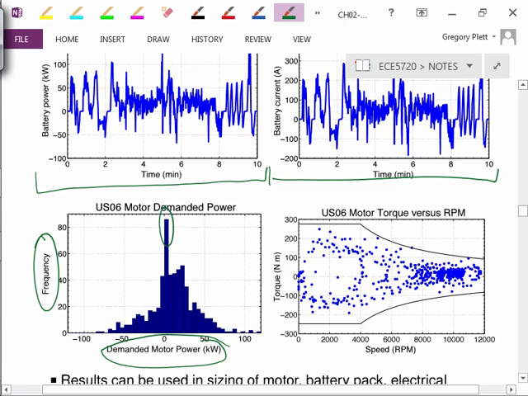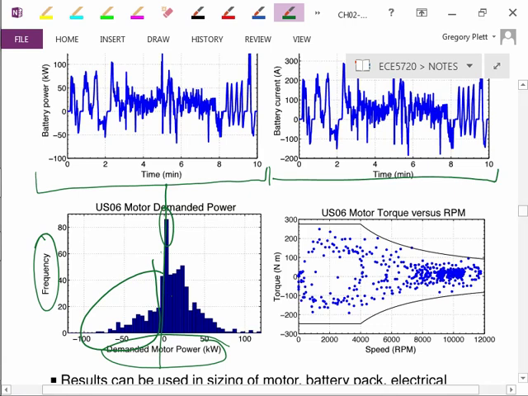Zero power, or close to zero, was demanded more often than any other, but we also see a skew that most of the time the demanded power is positive, so I'm trying to accelerate or overcome some drag. But occasionally, and not that occasionally, we have negative power, meaning that I can regenerate and get some of the energy back into the battery pack.